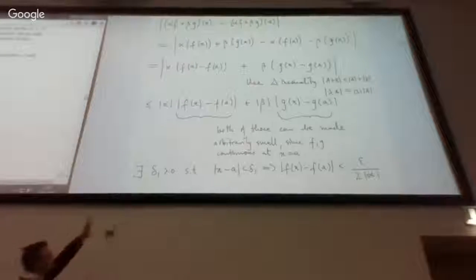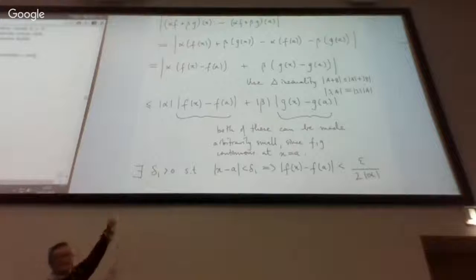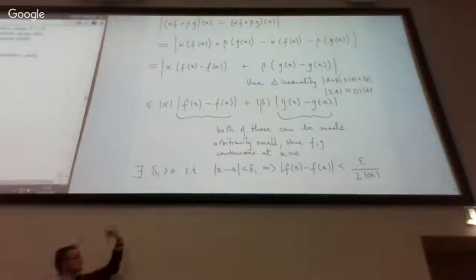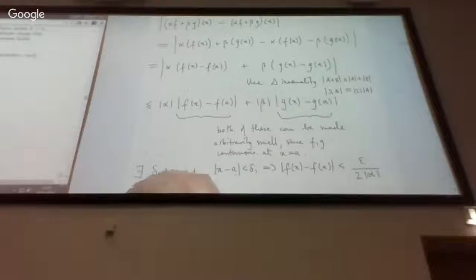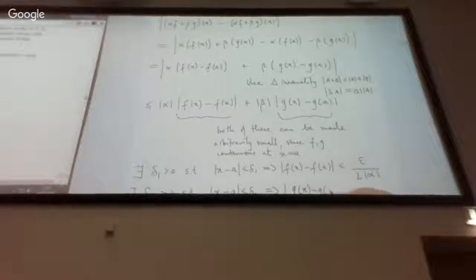And I know, because f is continuous at A, that there exists the delta 1, which makes this implication work. Similarly, there exists the delta 2, such that x minus A being less than delta 2 makes the absolute value of g of x minus g of A strictly less than epsilon over 2 times the absolute value of beta.